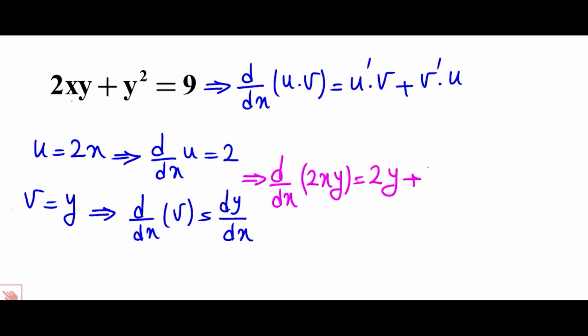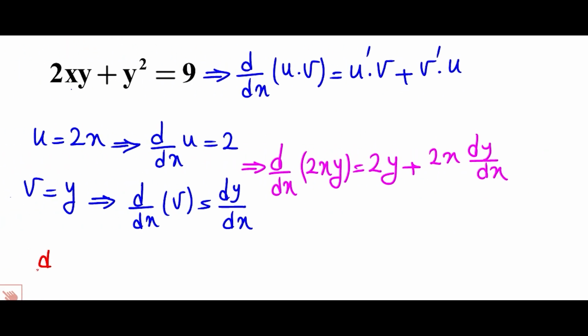So we have 2x dy/dx. The derivative of y squared is 2y dy/dx, and the derivative of 9 is 0.